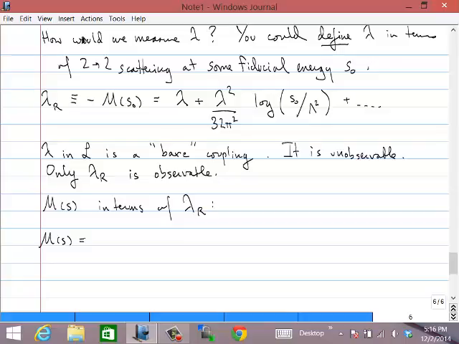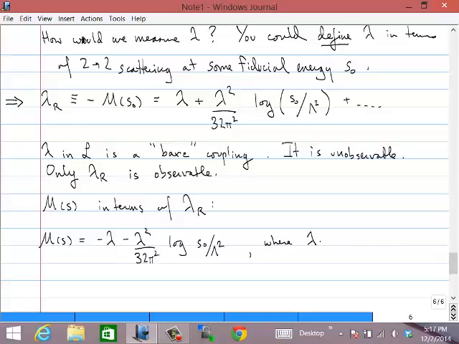The scattering amplitude, that's minus lambda squared over 32 pi squared log s naught over lambda squared. So what you then need to do is take this equation up here and invert it to write lambda in terms of lambda renormalized.